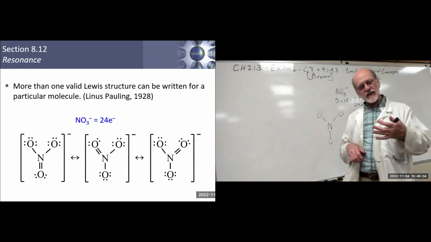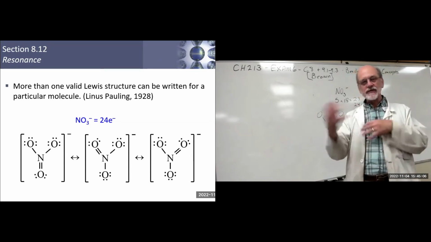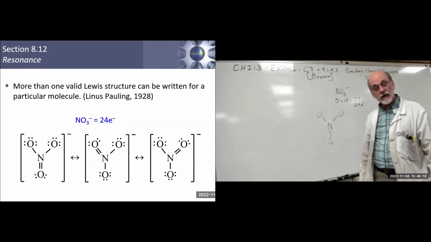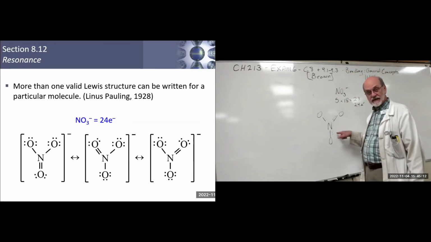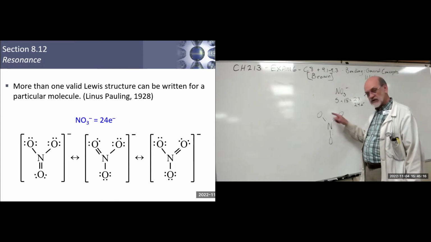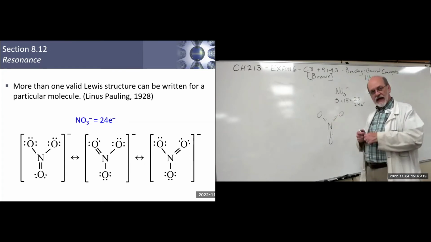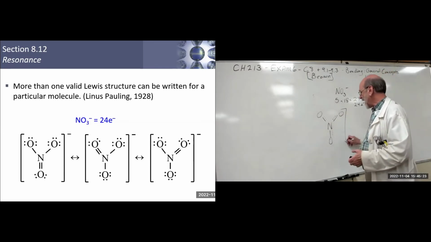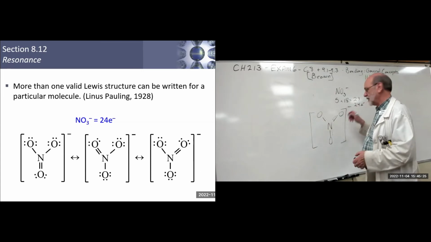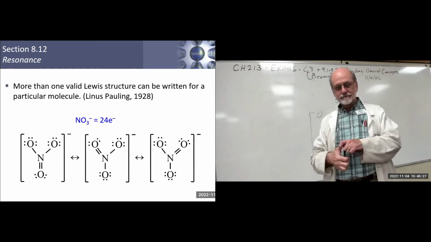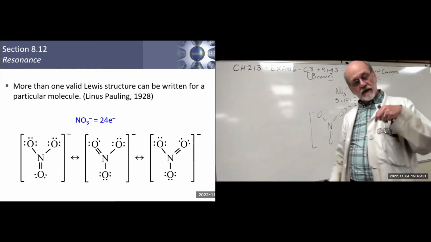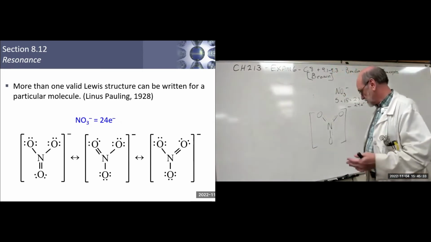Resonance can explain that because they're saying maybe it happens so fast that our equipment can't measure the difference. But the other explanation is this is the reality: we have a partial double bond around each one. And the Lewis dot structure and the theory that goes with it is not adequate to explain it. That's just a failing of the theory. Now, it still works in many cases, so we keep using it.